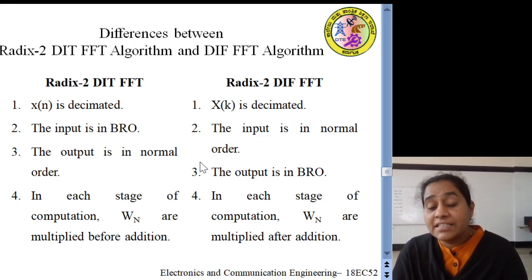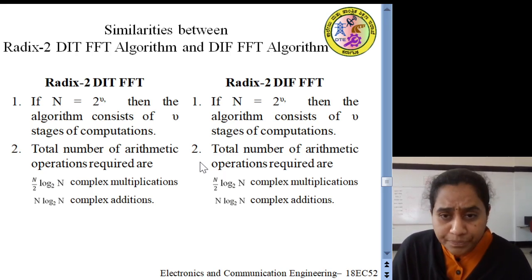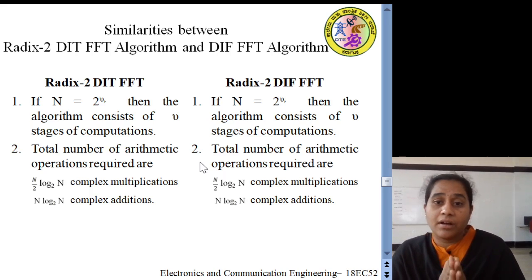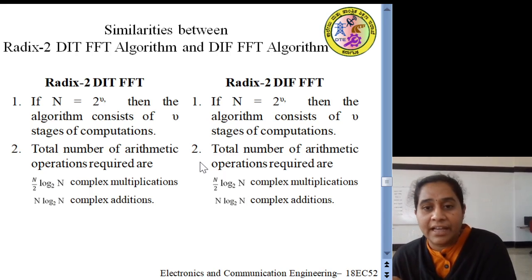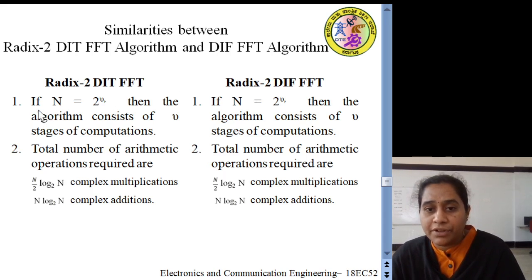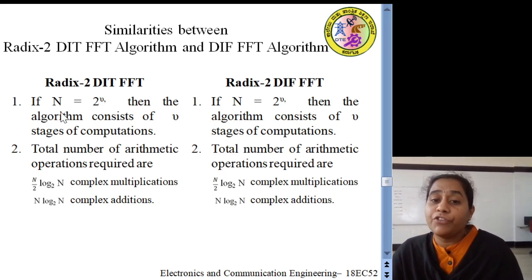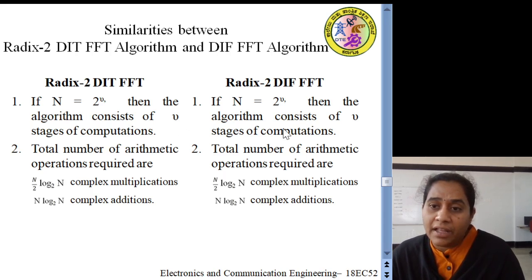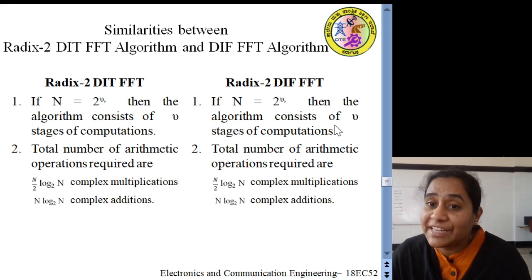Now, let us see the similarities of these two algorithms. If we observe the N-point DFTs found using the DIT FFT algorithm and the DIF FFT algorithm, the first similarity is: if N is equal to 2^v, then the algorithm consists of v stages of computation.